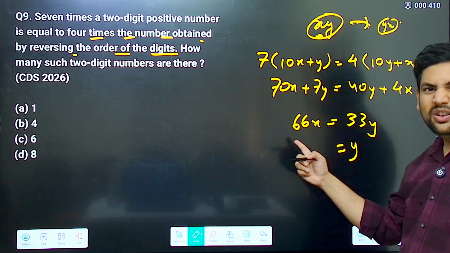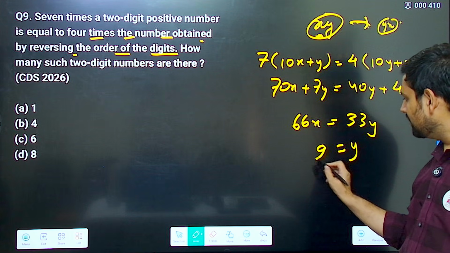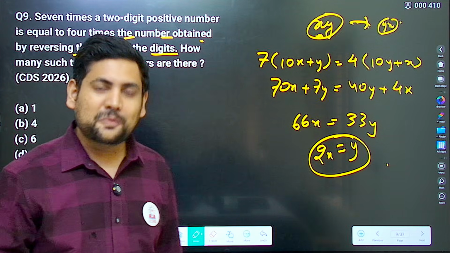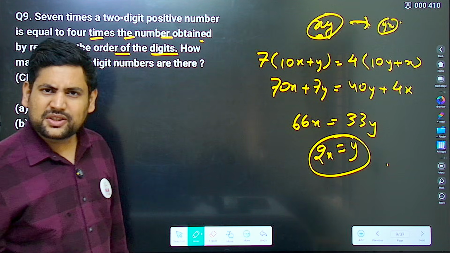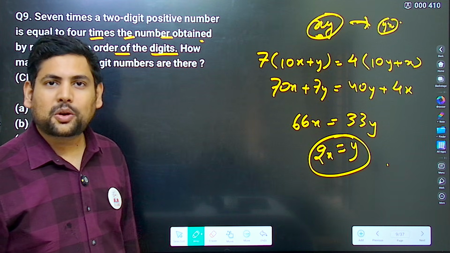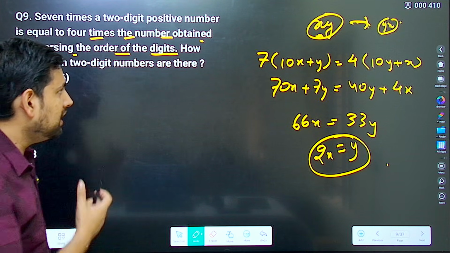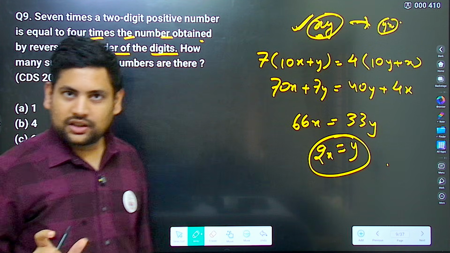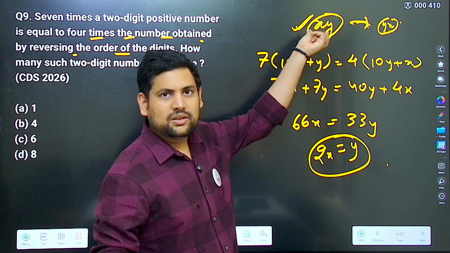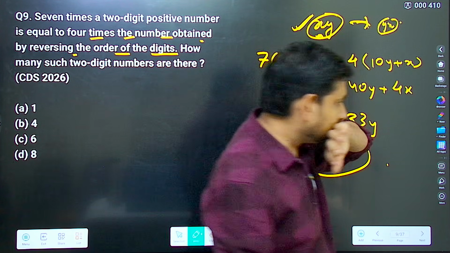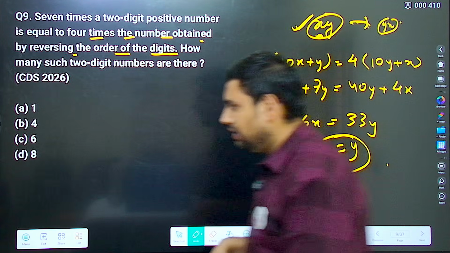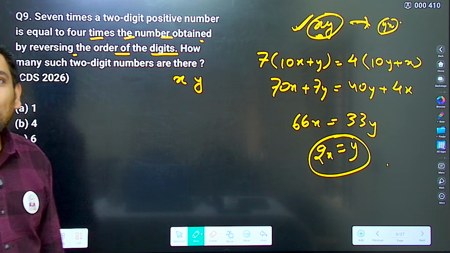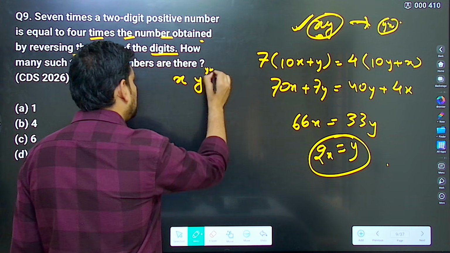So y comes out to be equal to 66 by 33 x, that is 2x. A similar question came in UPSC before, but there the answer was none because nothing was given properly. Many pairs were forming, but here it says this is one number and its interchange. So very clearly this is the smaller number. Now let's start looking for its solution. So y is equal to 2x.